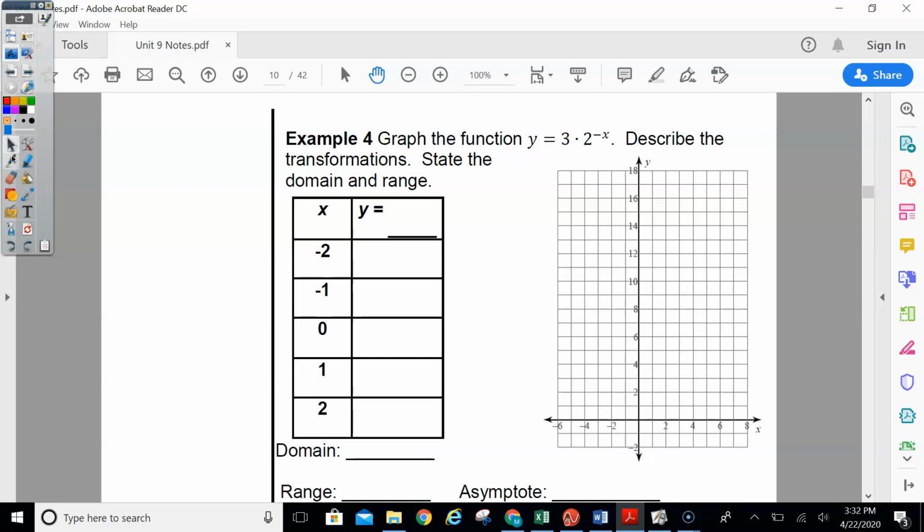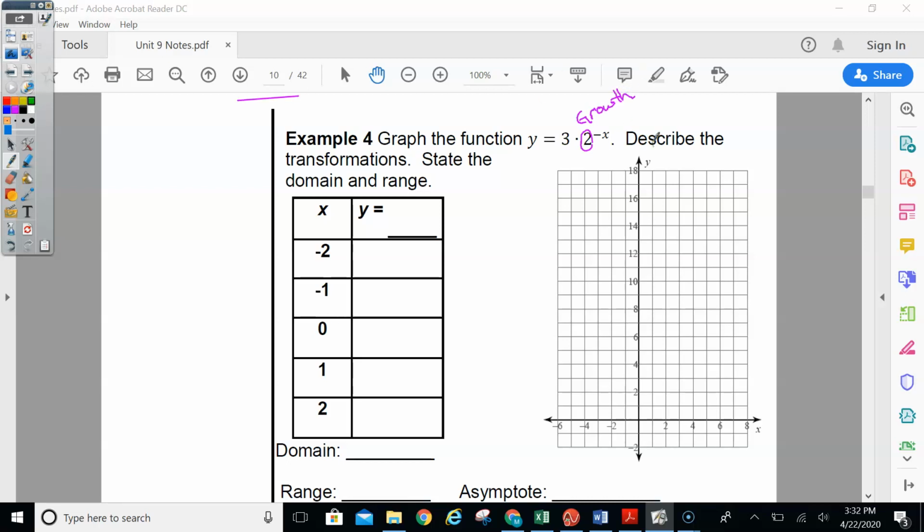So looking at the transformations, here the base looks like it's a growth. So this 2 here, this 2 as the base, tells us that it should be growth.